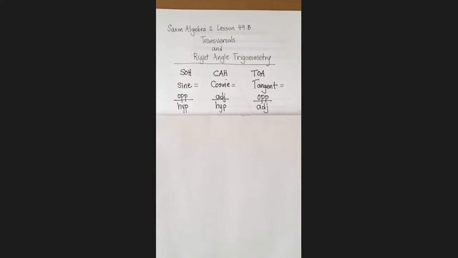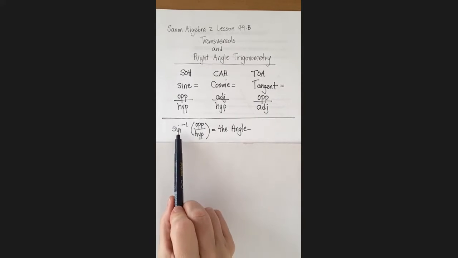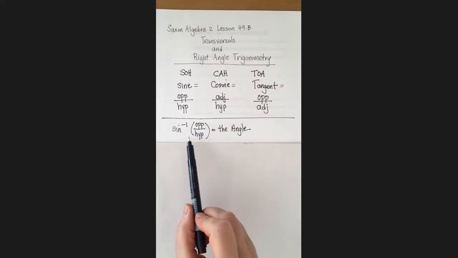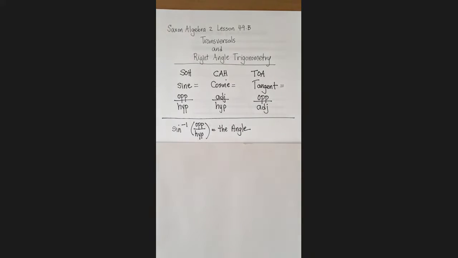Now, you have also learned that if you have a value for the sine, but you don't know the value of the angle, you can use the value of the sine to find the angle. That is abbreviated sine to the minus 1. So in your calculator, if you put in sine to the minus 1 and your value of the opposite over the hypotenuse, your calculator is going to tell you what angle that is.